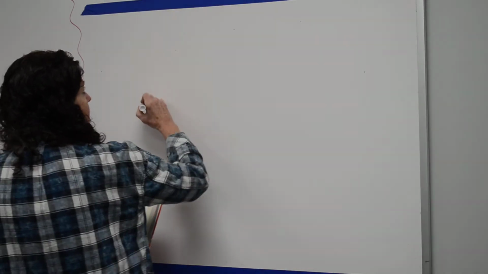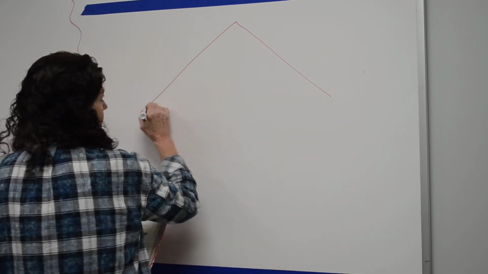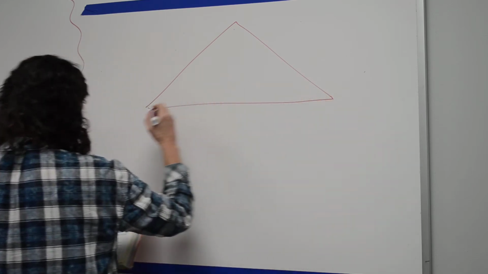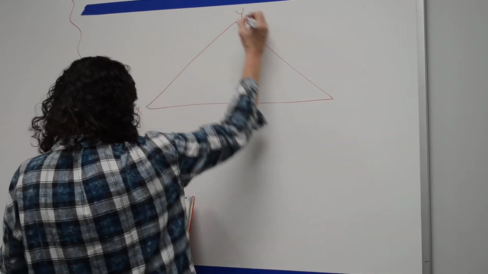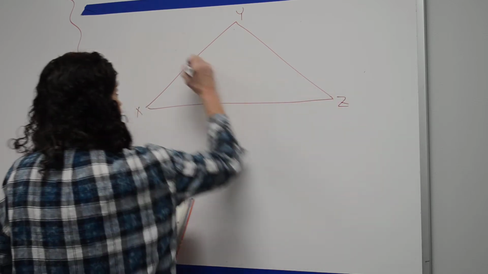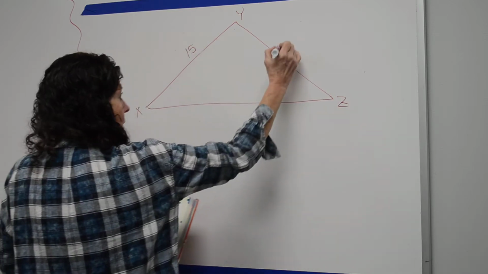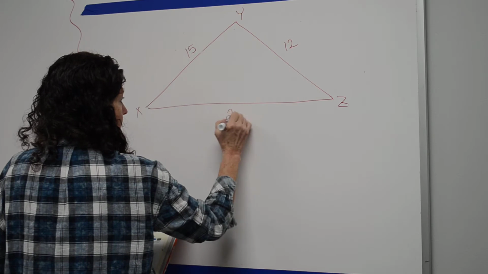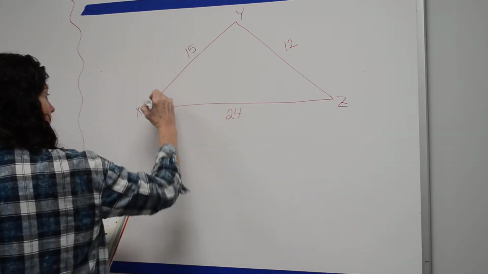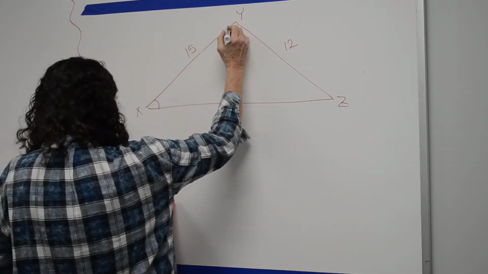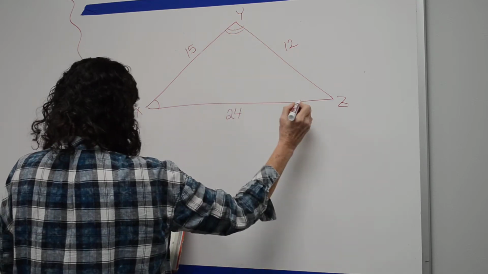All right, you have two triangles. It's marking the congruent statement with the triangle on the bottom.